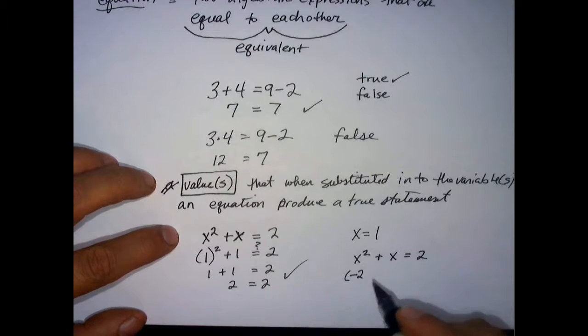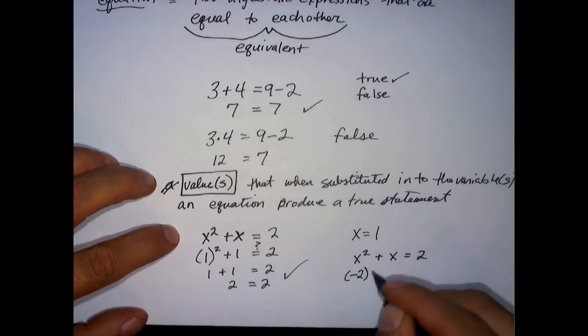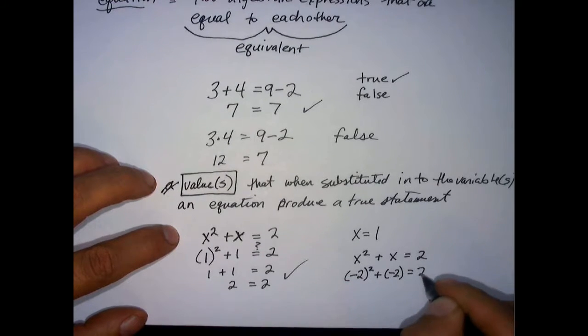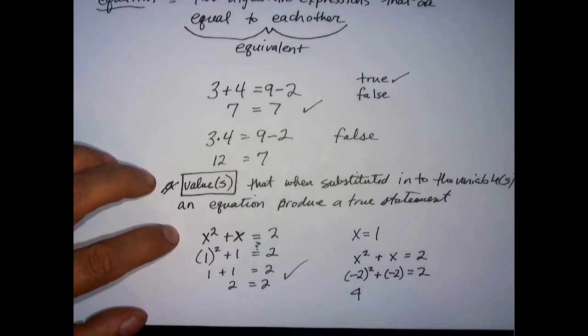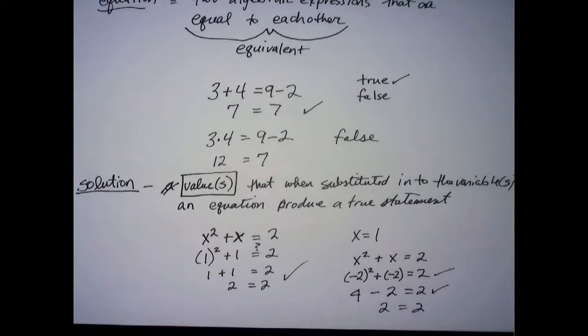And don't ask how I would solve that, because we're going to do that later, a bunch. So, negative 2 squared is 4. And 4 minus 2 is 2. So, there's an example of 2 values that solve one equation.